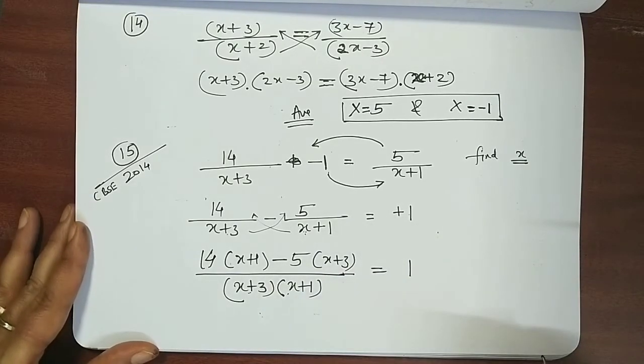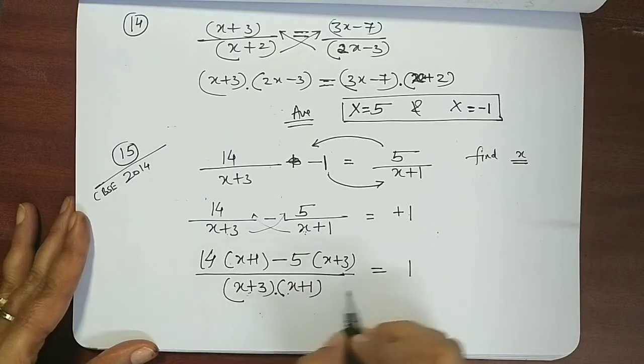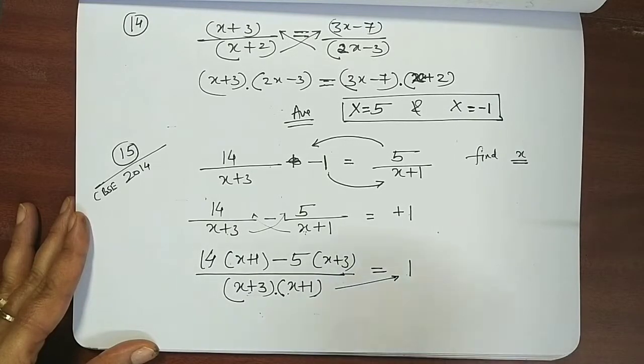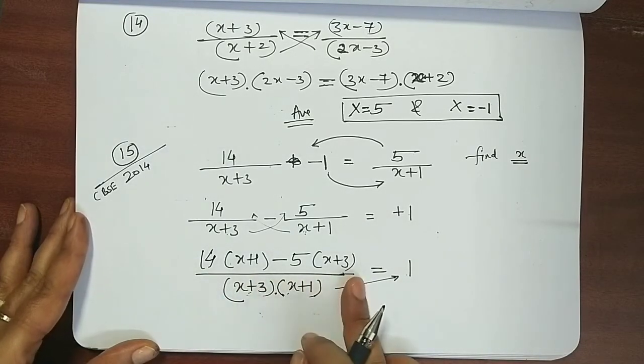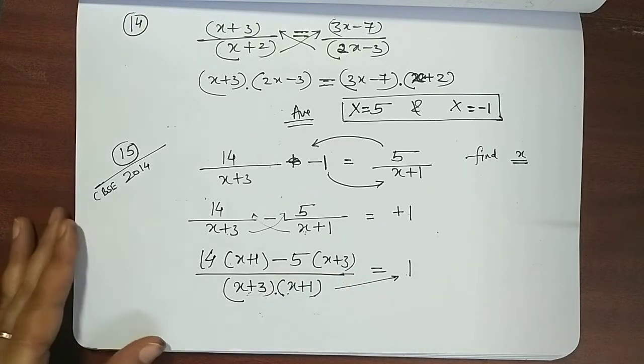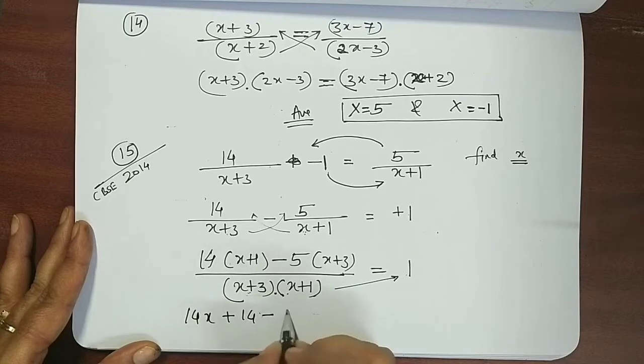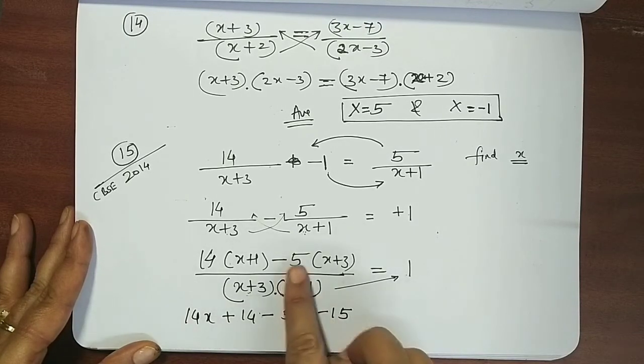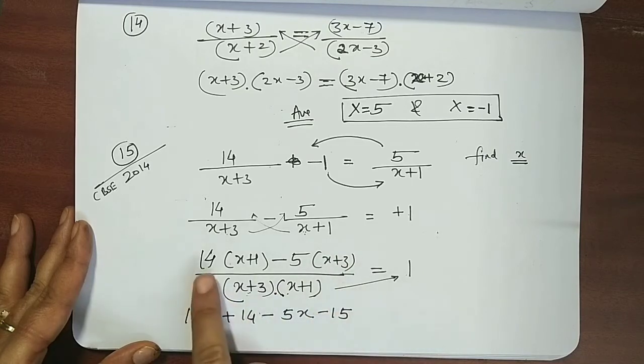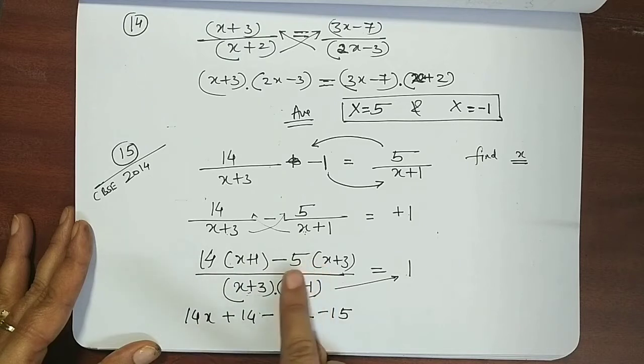We will simplify it. The product of these two can go here and be multiplied by 1, and this we will simplify. So I will be getting, guys, 14x + 14 - 5x - 15. 5 threes are 15. I am multiplying 14 with this, 14 with this, 5 with this, 5 with this.